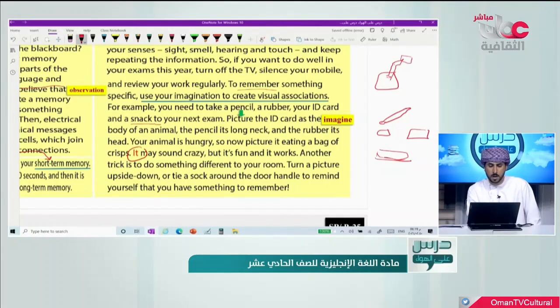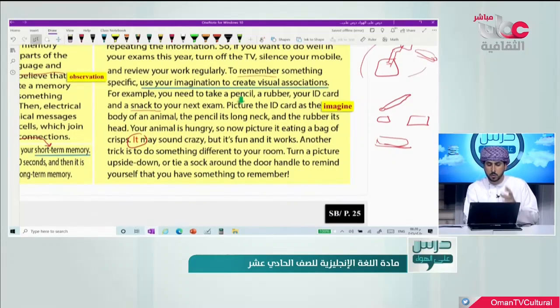Okay, and then you have what? Long neck, the rubber is the head. Your animal is hungry, so you need to give him food. So if you do like this, it means that you picture something in your mind, and it makes it easy for you to remember. So it refers to the use of imagination to create visual connections.